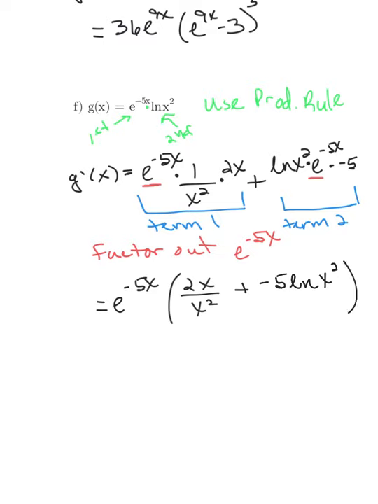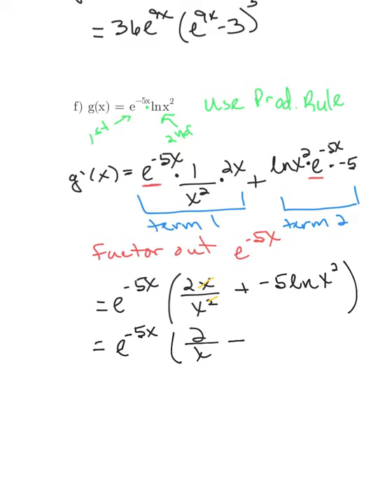Well, this can be simplified a little bit more. Leave the e to the negative 5x out front. 2x over x squared, we can simplify that to just be 2 over x. And then because this is plus and then a negative, we can write minus.